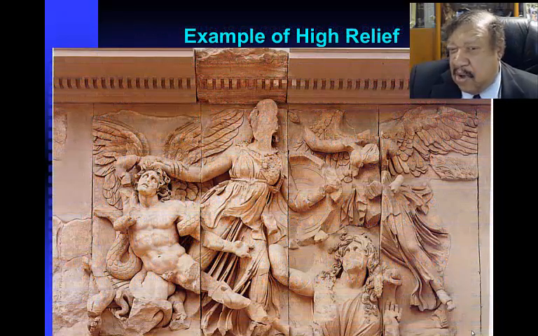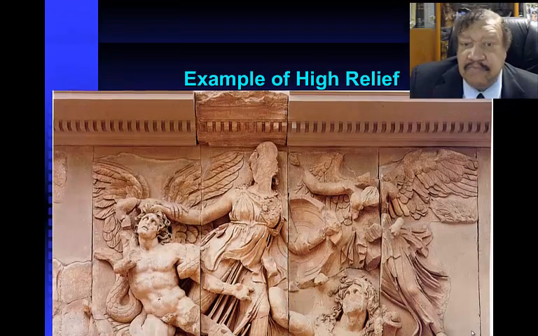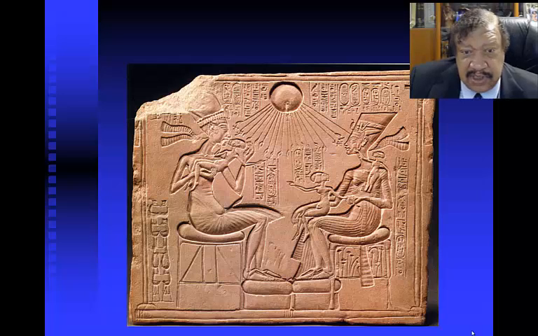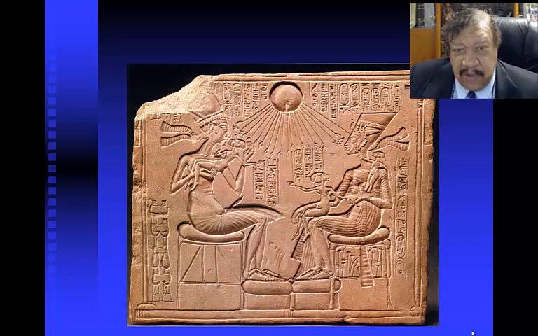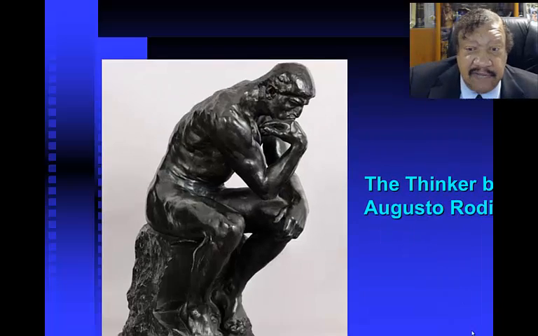Here's an example of high relief, which was probably carved from the back. Here we have bas relief from the Egyptians, in which it was chiseled, but the lines were chiseled into the granite, and thus when you make a line, you create a shadow, and thus we have bas relief.